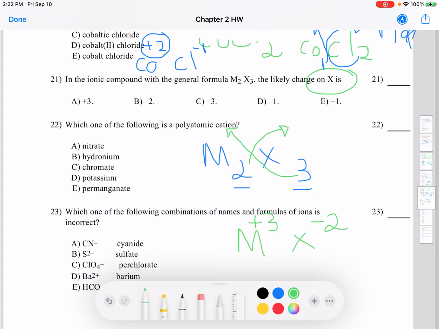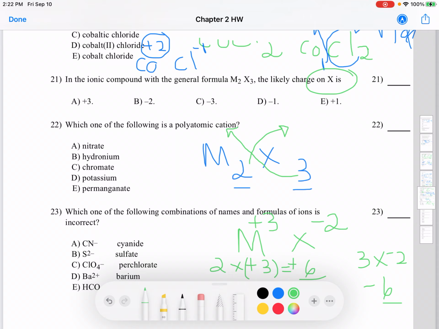There are 2 metals, so 2 times +3 is +6. And for the X, there are 3 X, and 3 times -2 is -6. So that balances our charges for the 2 elements, and we have a neutral compound. Okay.